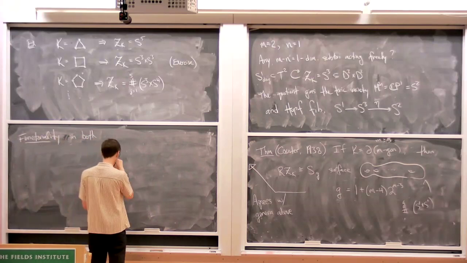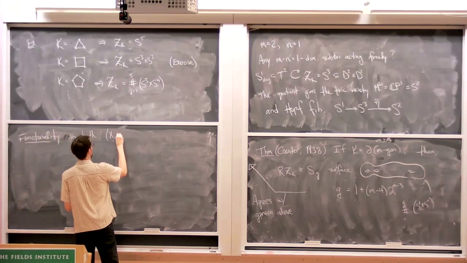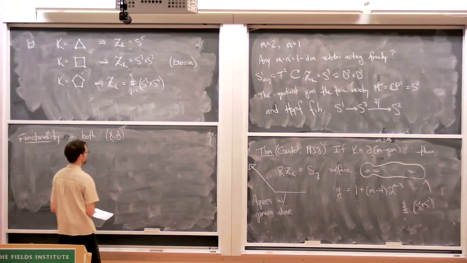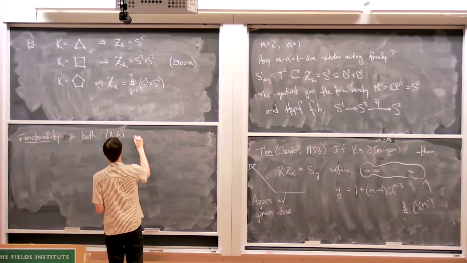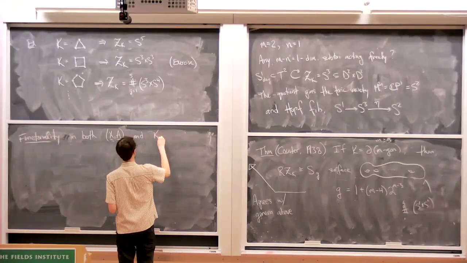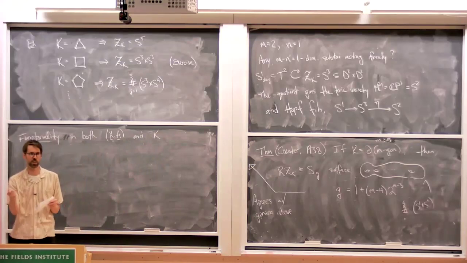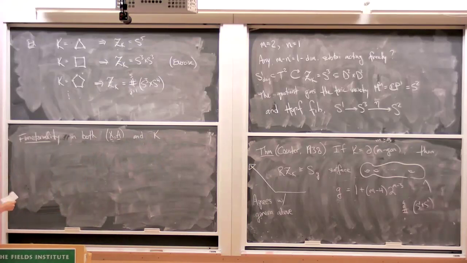Not going to write it all out because you can guess how this works, but of course, if you have a sequence of maps of pairs of CW complexes or morphisms of simplicial complexes, which I'll always just think of as inclusions, only inclusions.